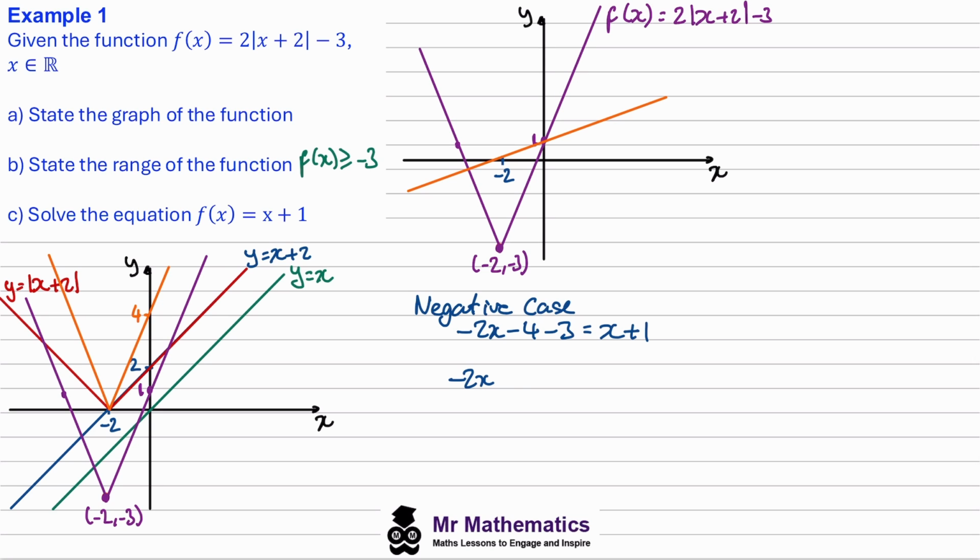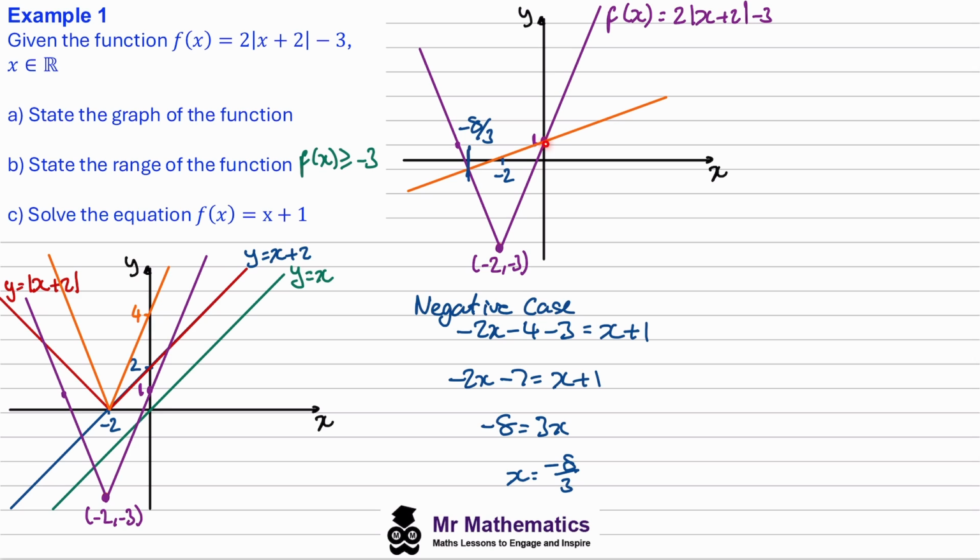Negative 2x minus the 7. We'll move a negative 2x to the right-hand side, and this positive 1 to the left-hand side. So negative 8 will equal 3x. So x will equal negative 8 over 3. That'll be this point here, negative 8 over 3.